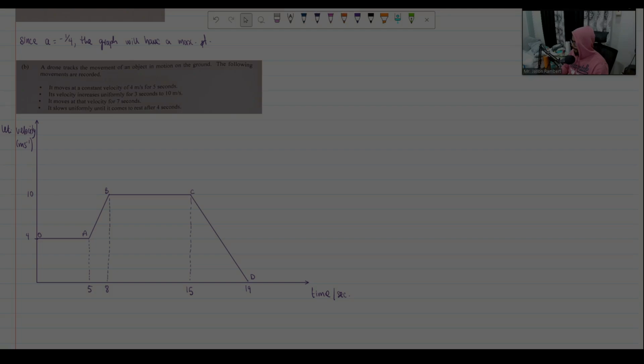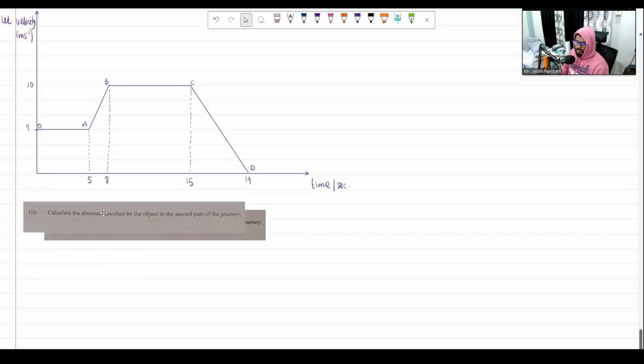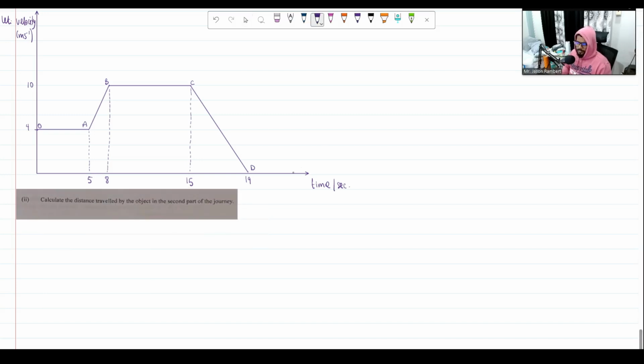The distance in a velocity-time graph, and you have to write this down, the distance traveled is equal to the area under the graph.